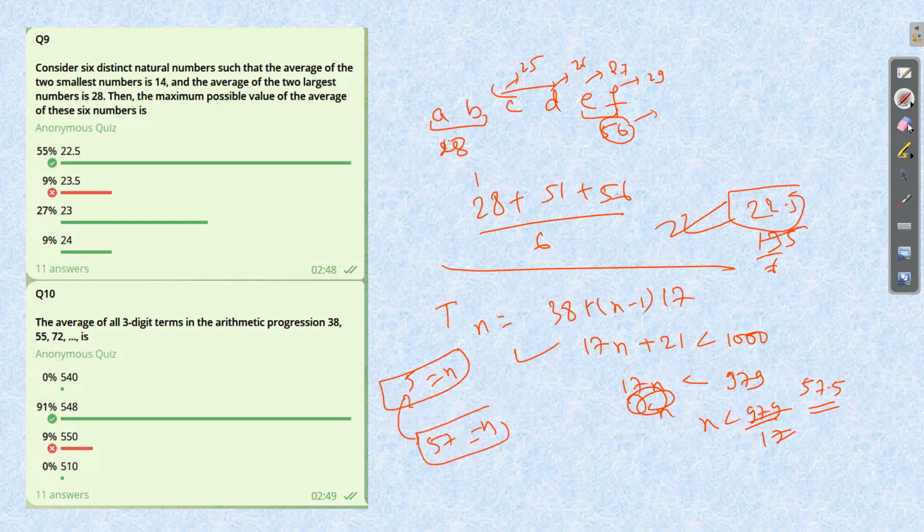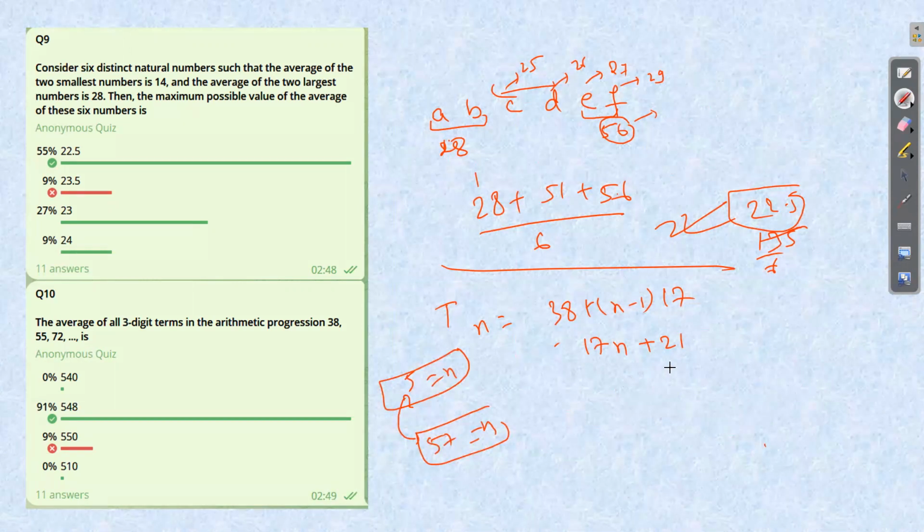Now let's just find the first term and the last term so that we can take out the average. Keep n equal to 5, so for n equal to 5 we get the term as 17 into 5 plus 21, which is 106.